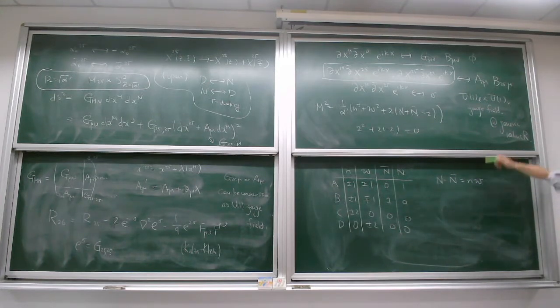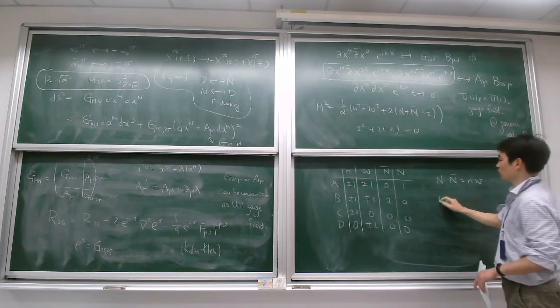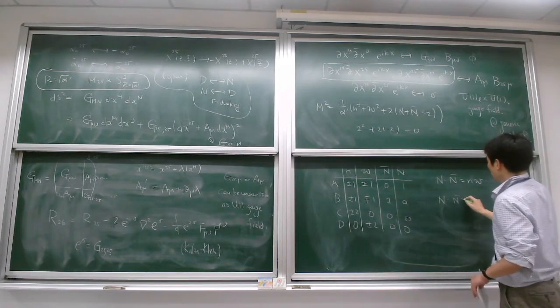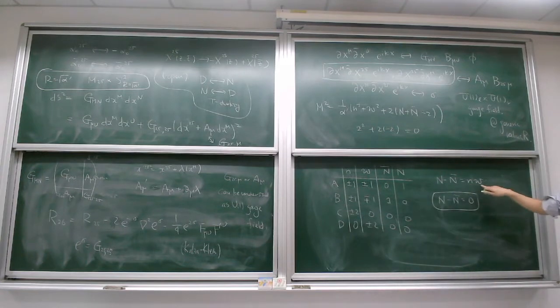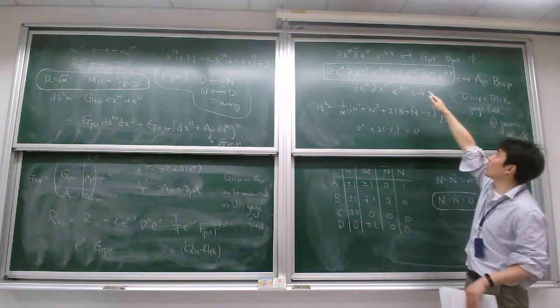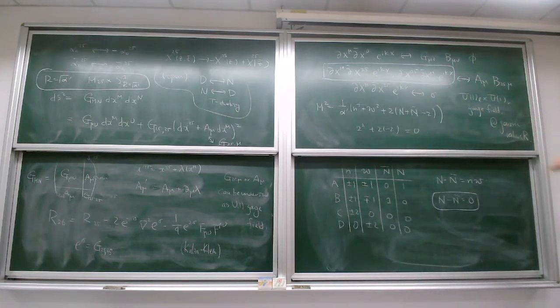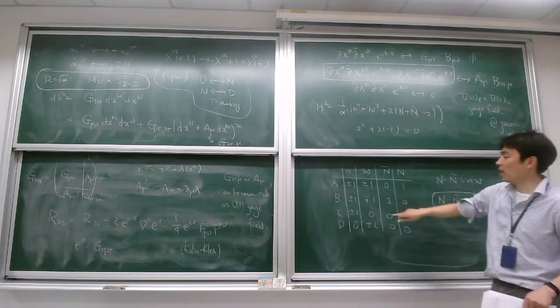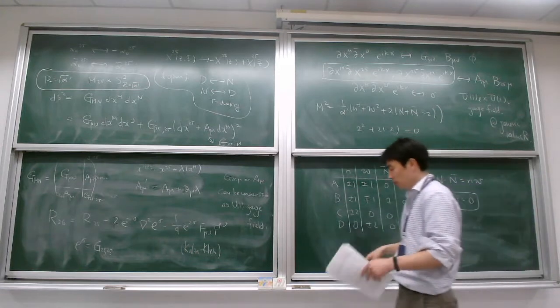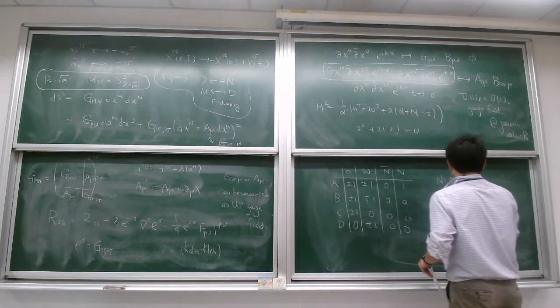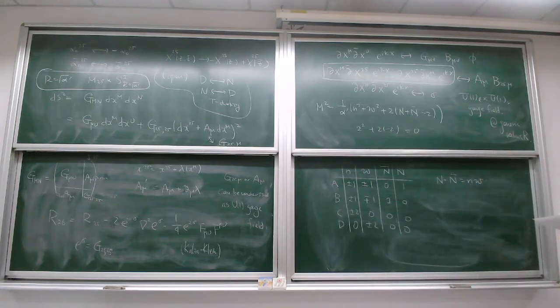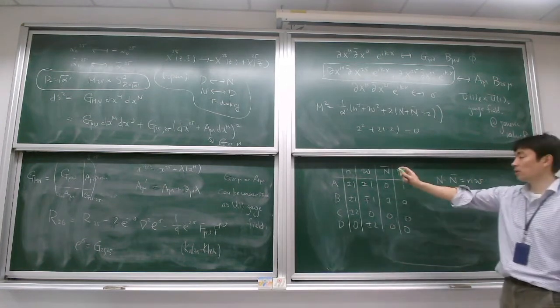It used to be the level matching condition is always like this, right? So n and w are always 0. But now new massless modes will show up, and then you can identify what kind of vertex operator one can assign to these massless modes.